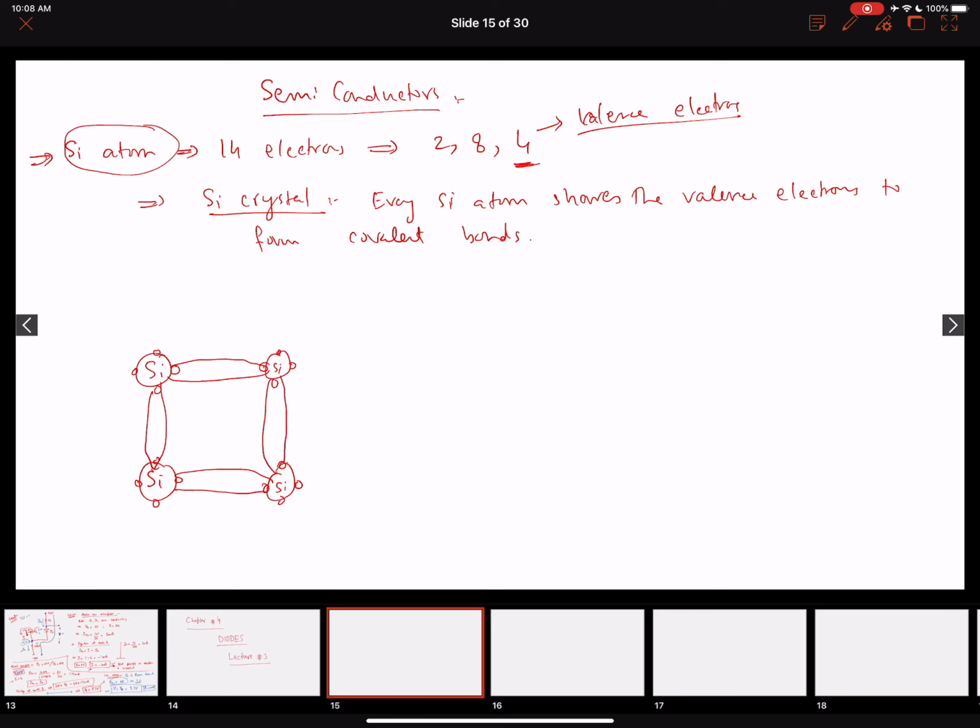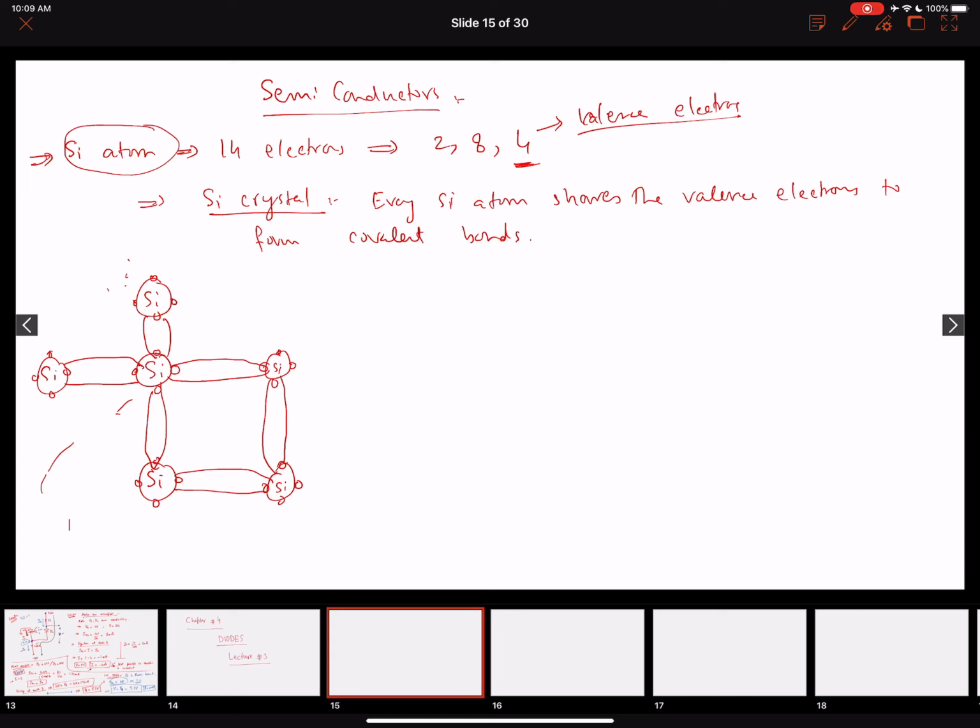For example, there could be another silicon atom over here. And as you can see now, another silicon atom over here. And of course, this process continues in all directions. And now you can see by making these covalent bonds with the nearby 4 silicon atoms, every silicon atom has 8 electrons, 4 shared and 4 valence electrons, right?